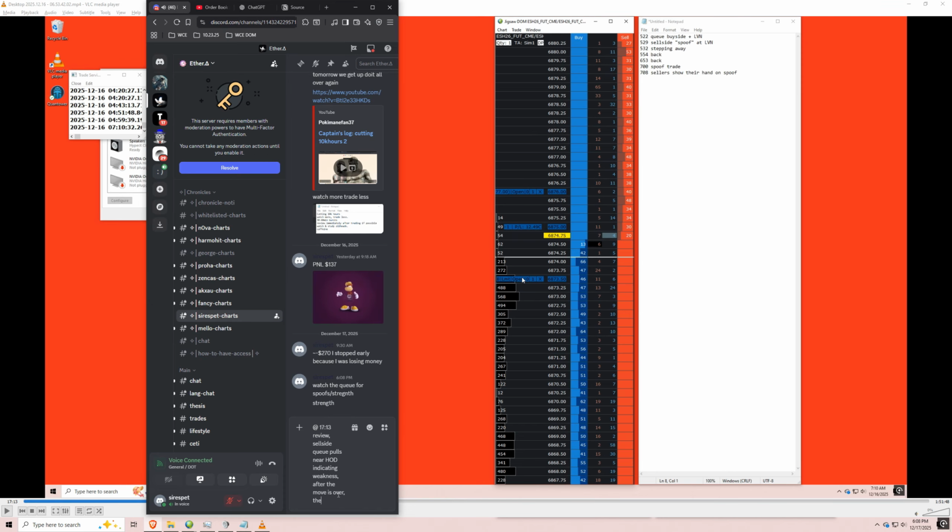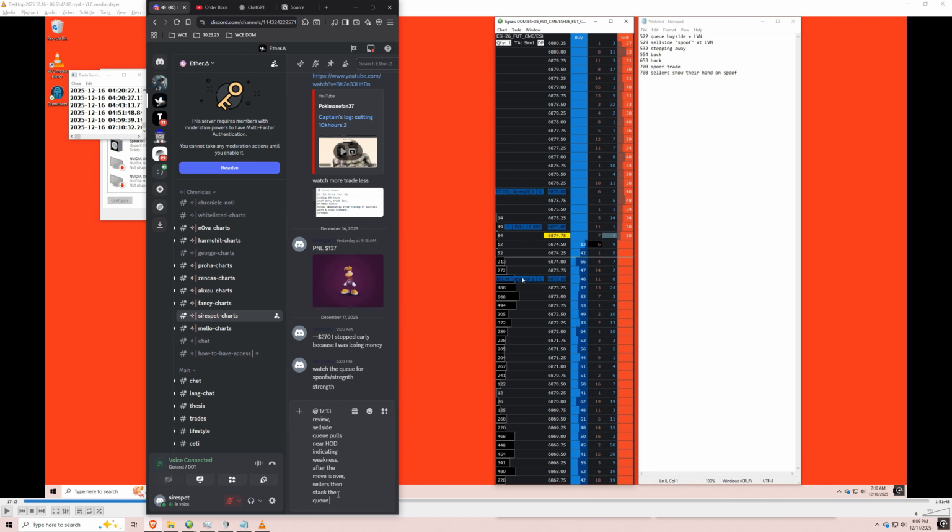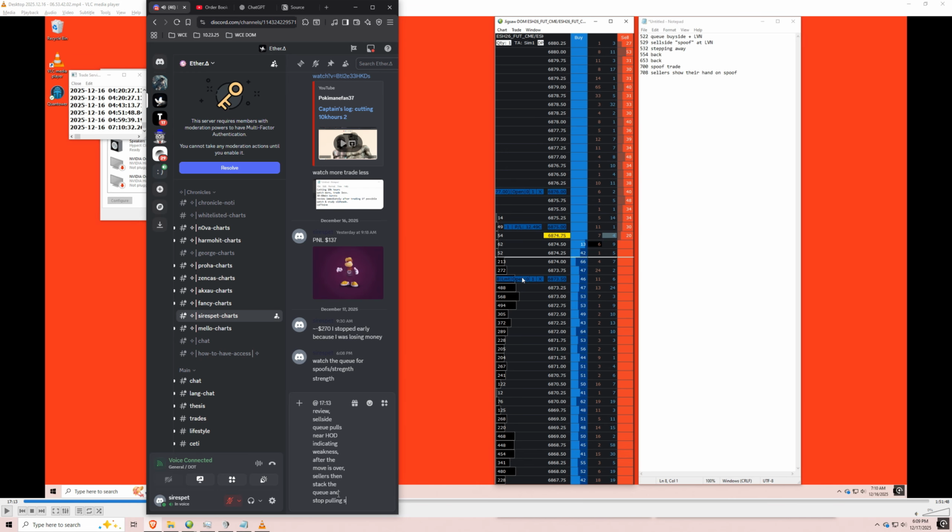Move is over the trend. Q stop pulling size.